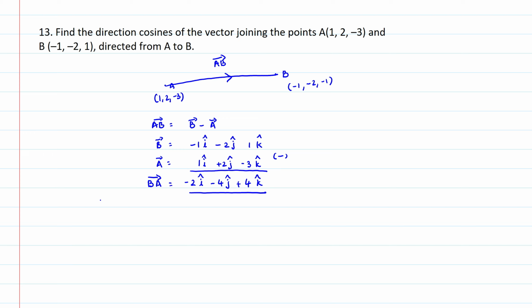Now for this vector, we have to find the direction cosines. Before we find the direction cosine, we will see how this vector looks in 3D geometry. So let's shift to 3D geometry.